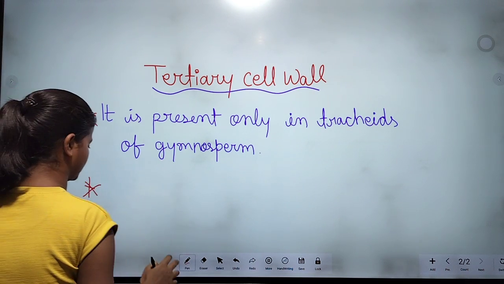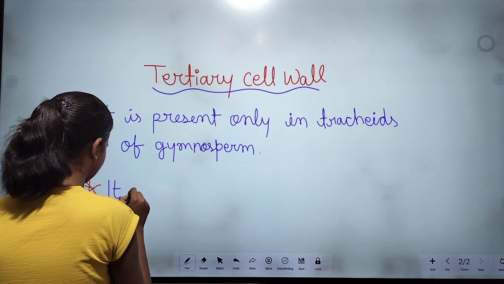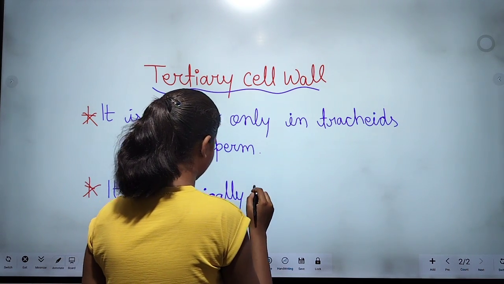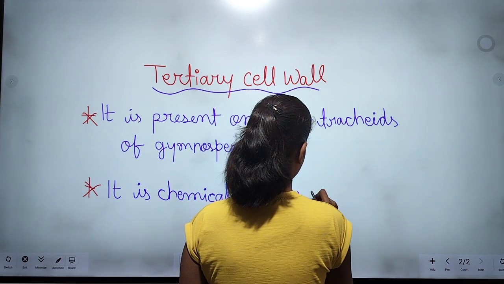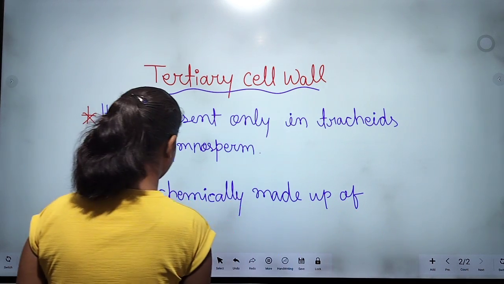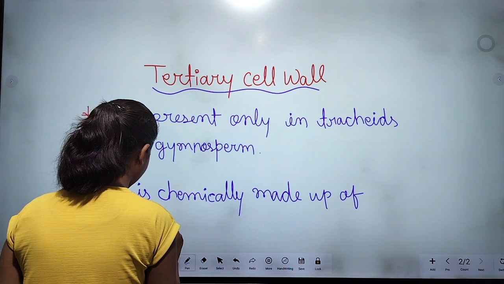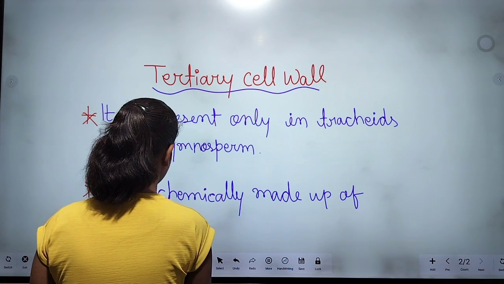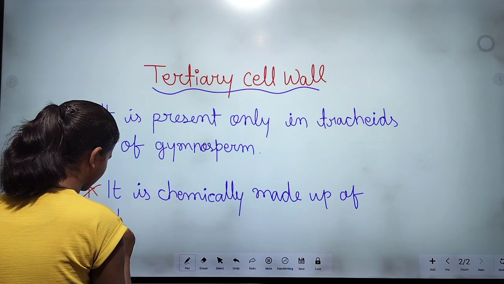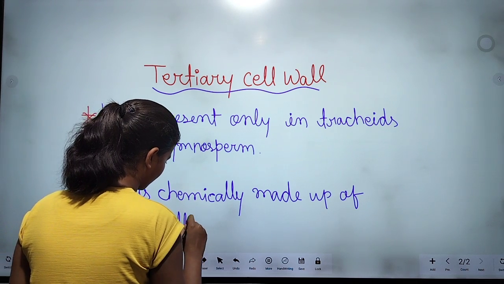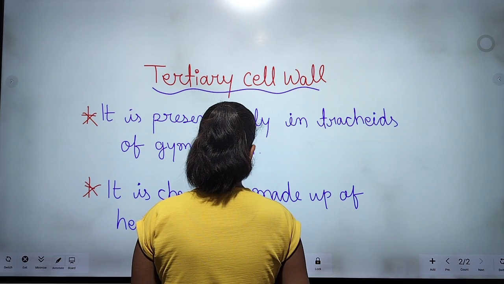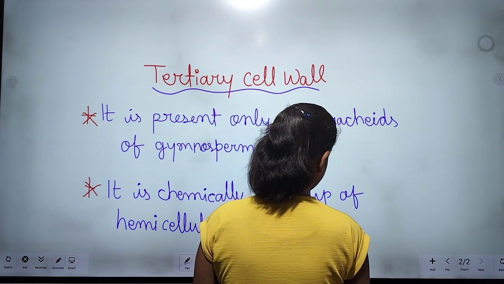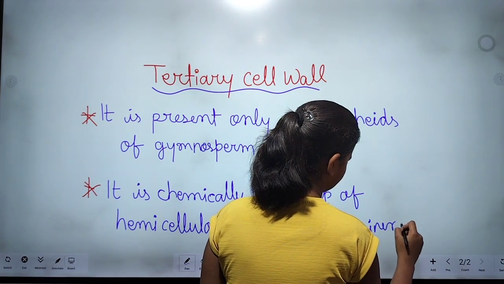Let's see the second point, that it is chemically made up of hemicellulose, xylem and lignin.